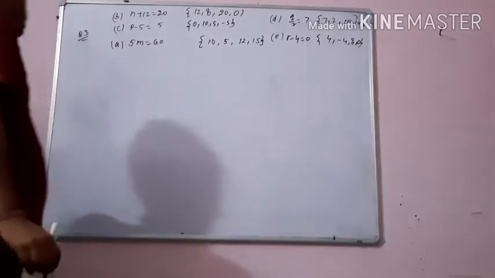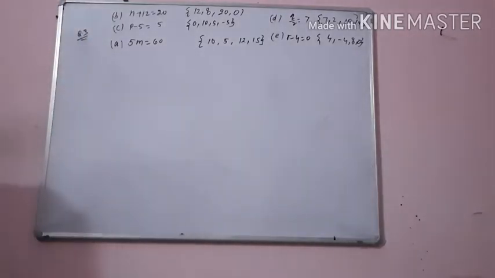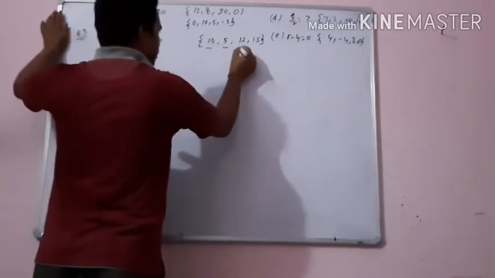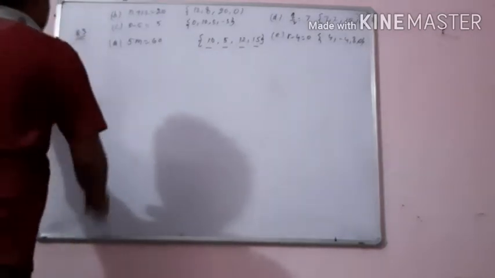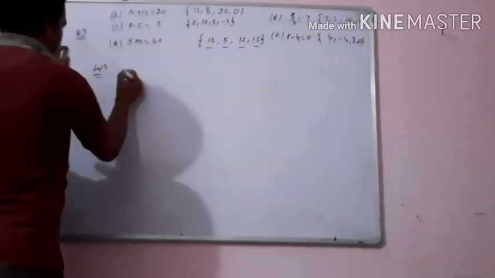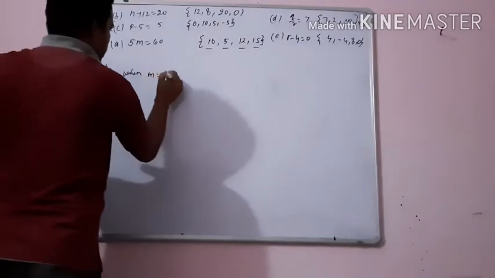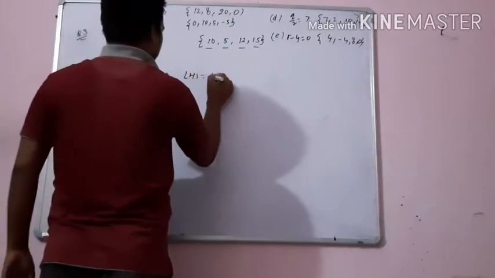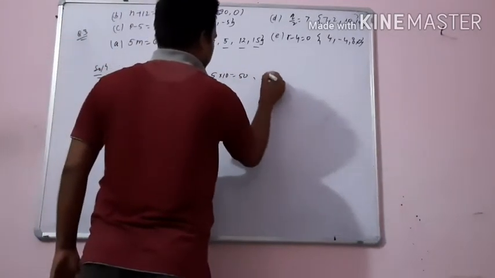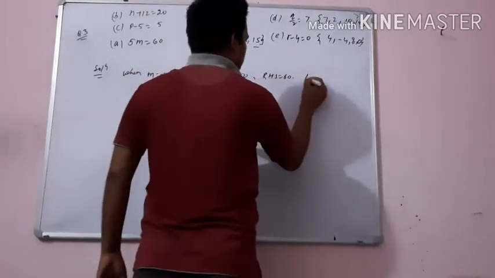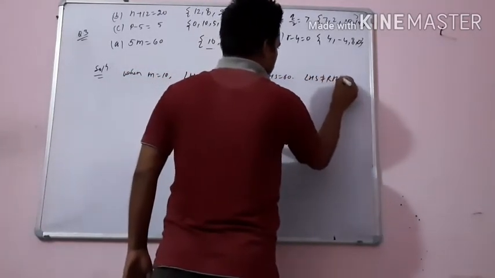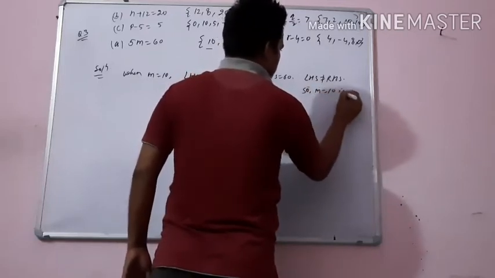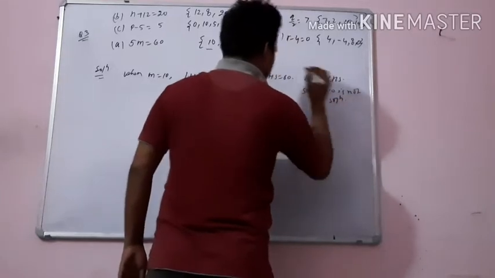See, the first question is 5m equals 60 and you have to take values in the place of m: 10, 5, 12 and 15. When m equals 10, LHS will be 5 into 10, that is 50, and RHS equals 60. So LHS is not equal to RHS, so m equals 10 is not a solution.